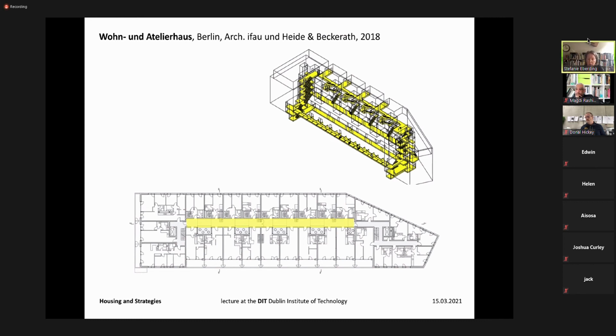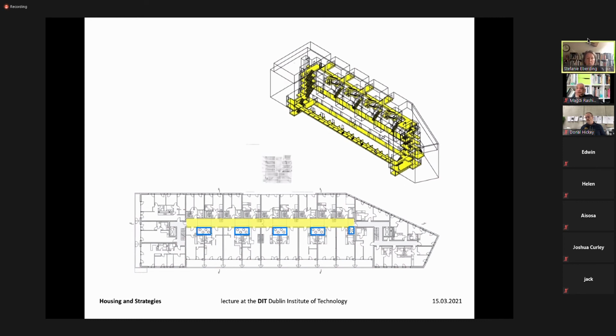upper floors, because in the upper floors you have these light chimneys. So there's a light void in the interior, in the inside of the building. So you have light into the inside corridor, which is important.